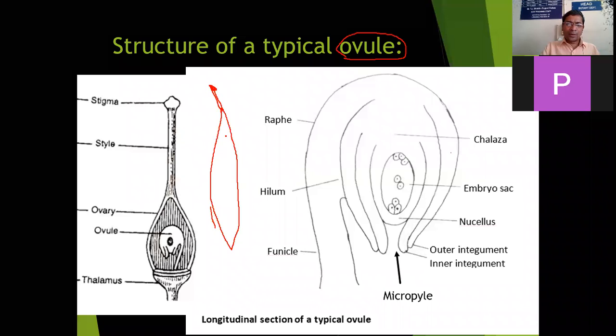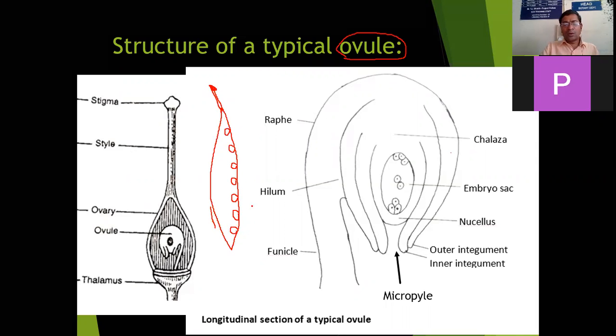Now inside this particular ovary, you will observe the presence of numerous ovules on a single marginal layer. Therefore it is called marginal placentation. So suppose these are the ovules.